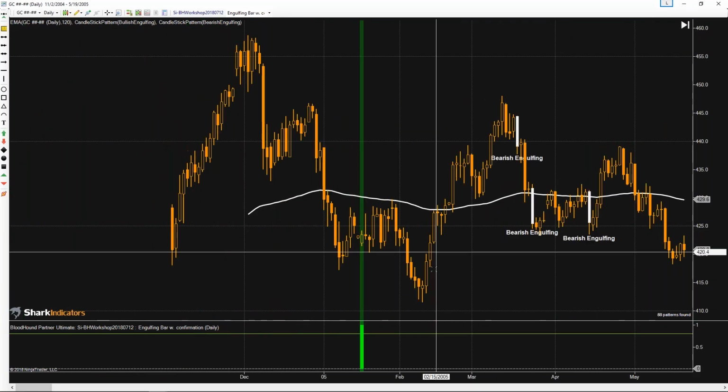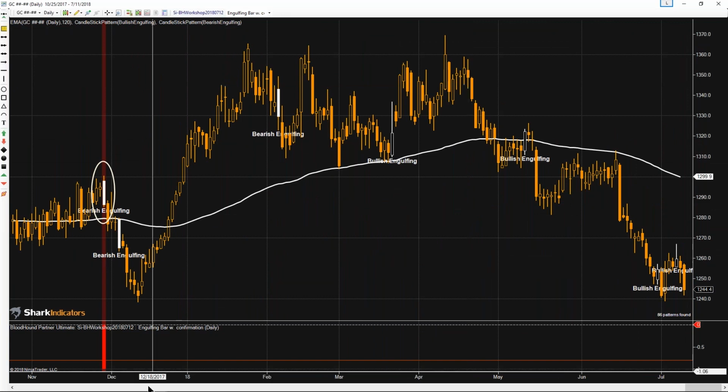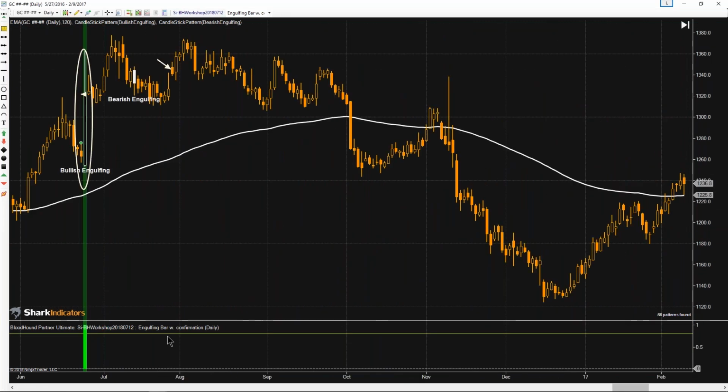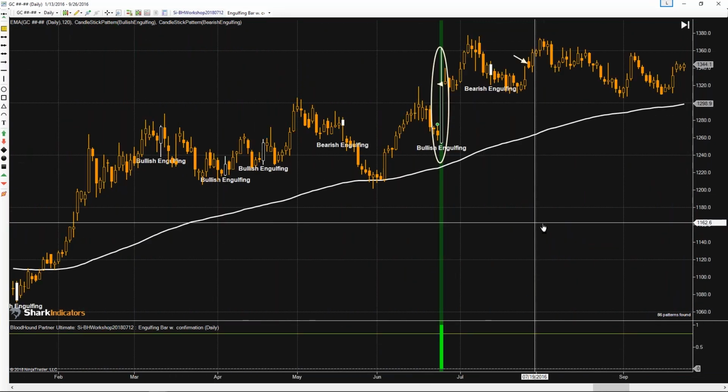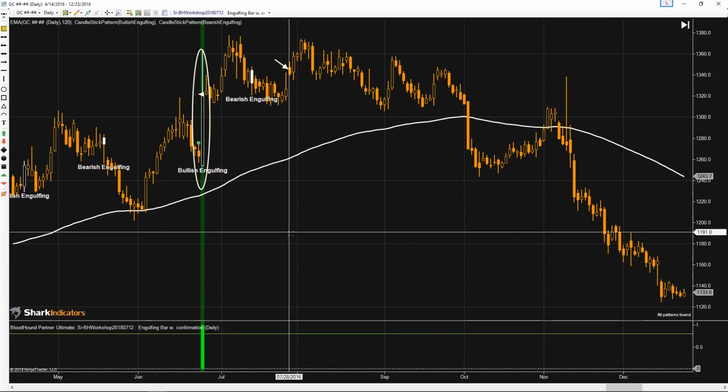And another one. All right. Well, it looks like gold has quite a few bullish engulfing bars. Okay, so let's move on to the confirmation bar part of this.